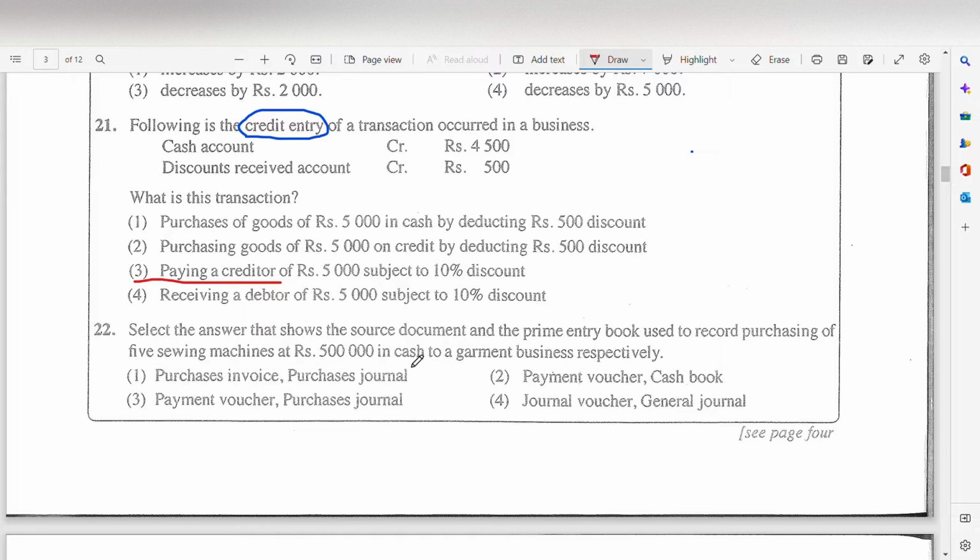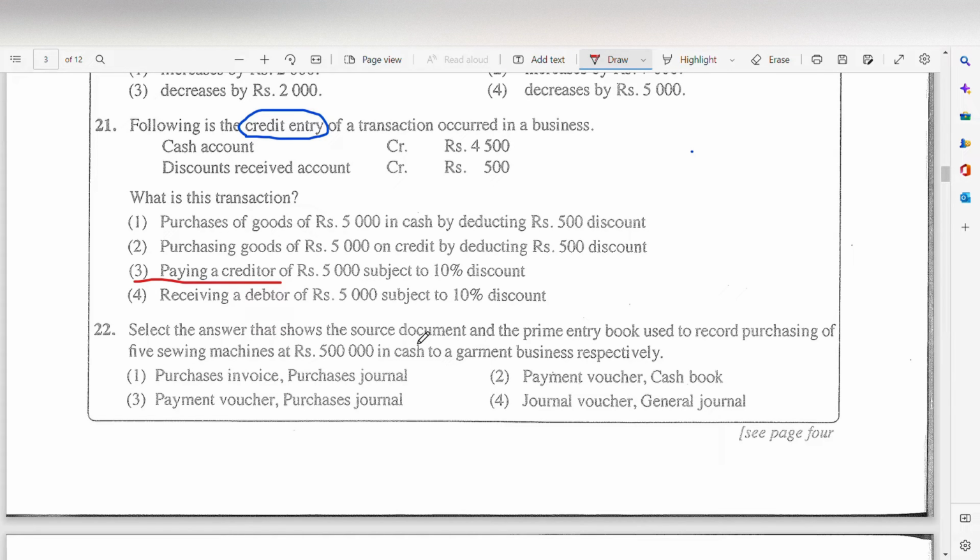Now here you could see that you have bought 5 sewing machines in cash. Now if you buy 5 sewing machines, is it a stock related item? Is it something that you're trading? No, because here the business is a garment business. Your business is to stitch garments and provide them. So sewing machine is your machinery, is your asset.